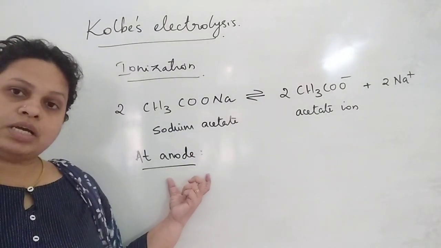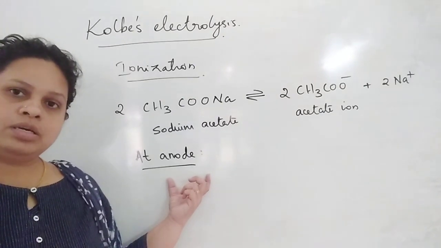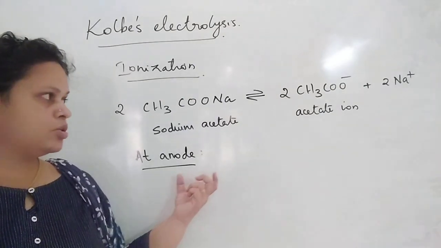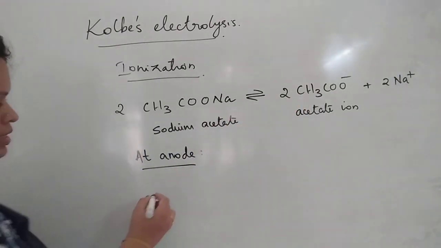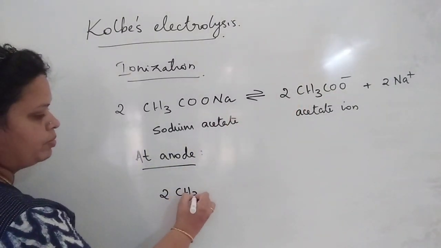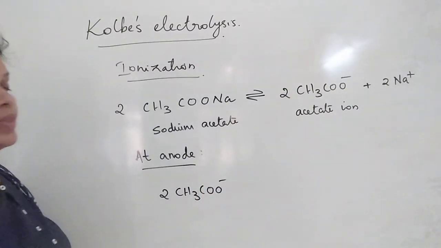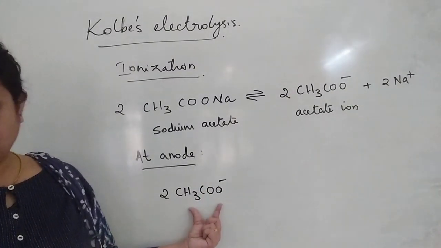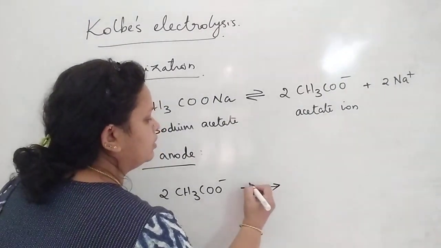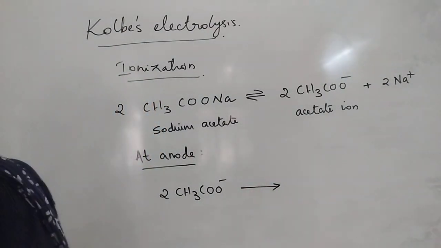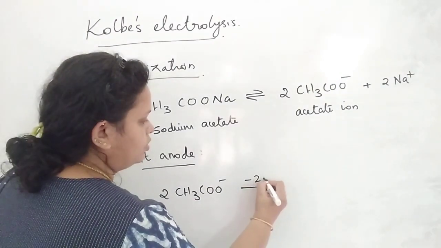Towards the positive charge, the anions migrate. Here the anions are acetate ions. So the acetate ions migrate towards the anode, and these acetate ions will be losing 2 electrons.